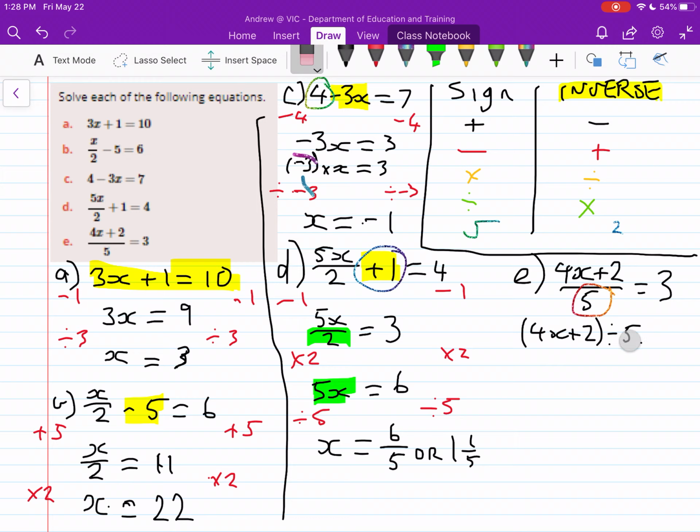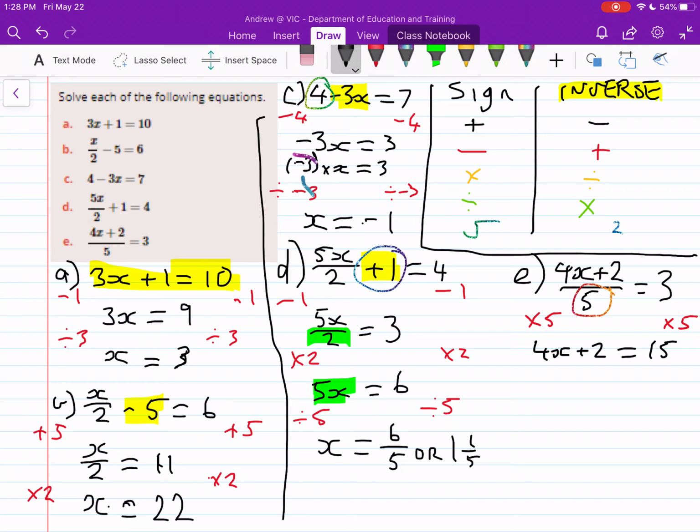We just put it all on top. So, to get rid of the divide by 5, we need to multiply by 5. So now we are left with 4x plus 2 is equal to 3 times 5, which is 15.